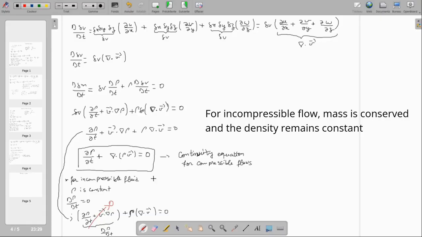And since rho is not zero, we then have nabla dot v equals 0.